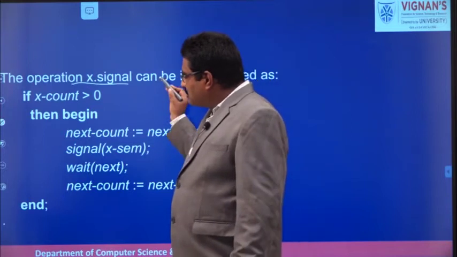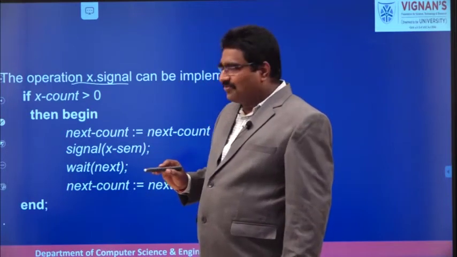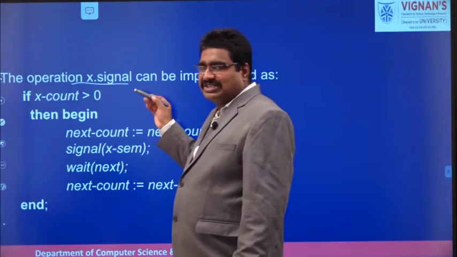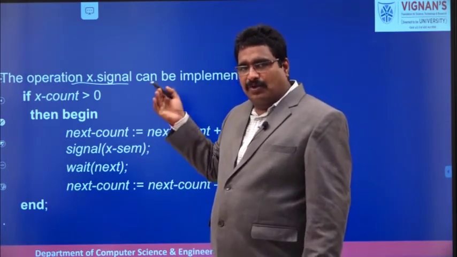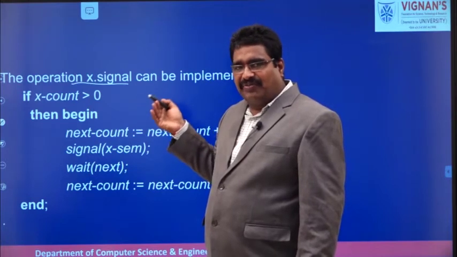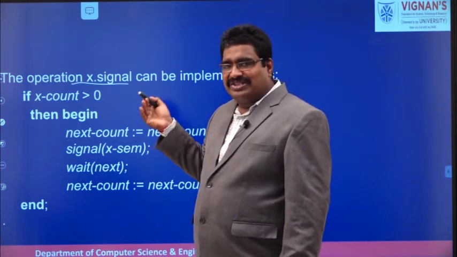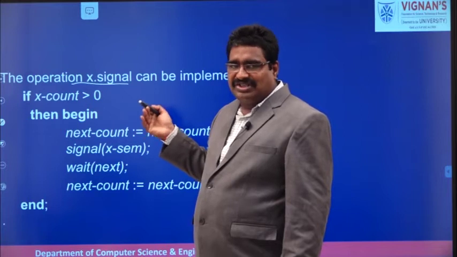Whenever a process calls x.signal, first it verifies whether x-count is greater than 0. The x-count value is increased by 1 only when some other process calls x.wait. Generally the count value is 0.